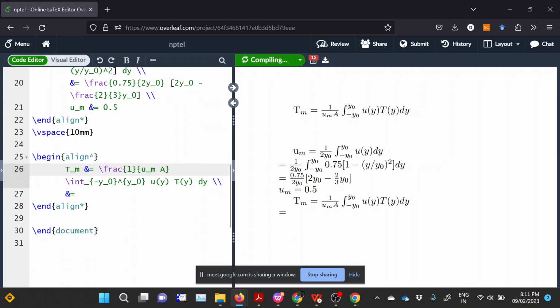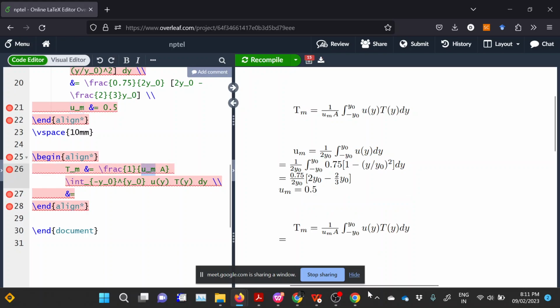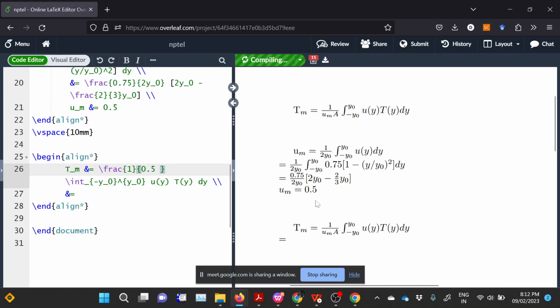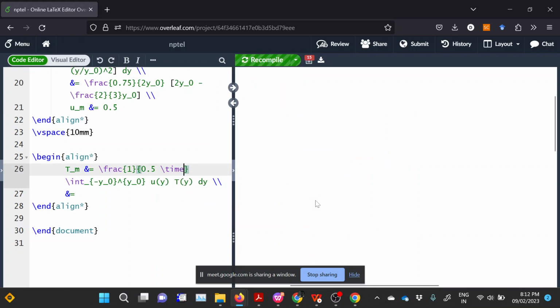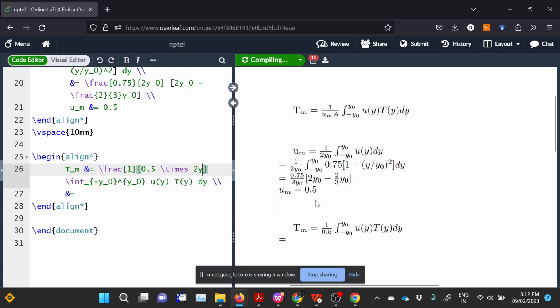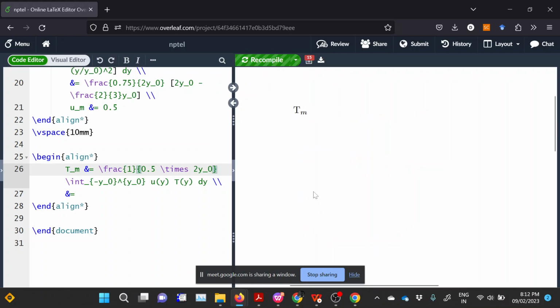Okay, so we found u to be 0.5, so I'm replacing that with 0.5, and A we found out to be 2 into y naught, so that also I'm replacing it here.